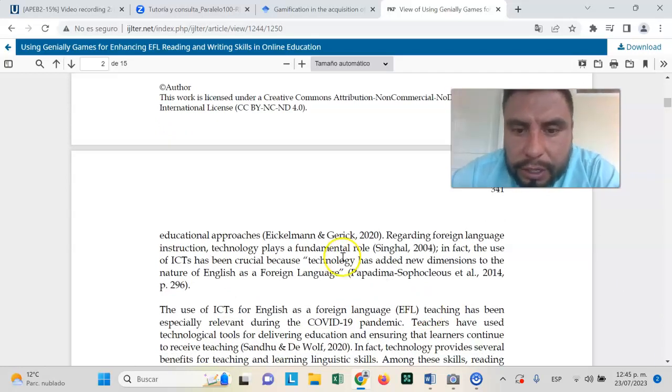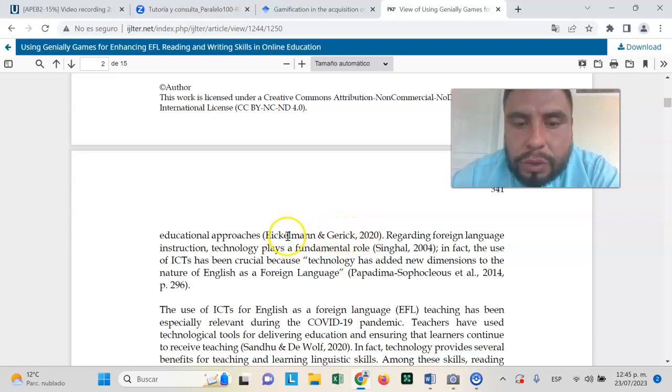Now, let me make a little parenthesis about the journal article. Here we have an in-text citation, that is a parenthetical in-text citation. It is easy to know about a parenthetical citation, because we don't have a reporting verb.